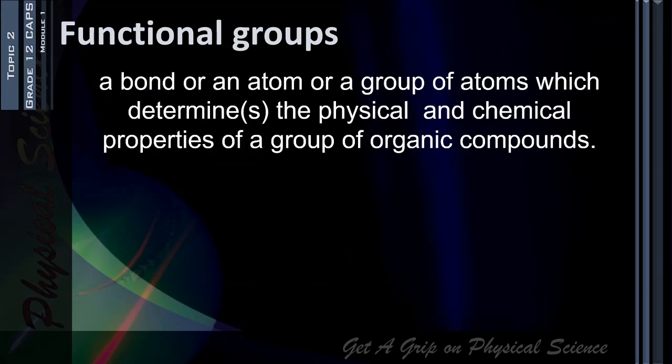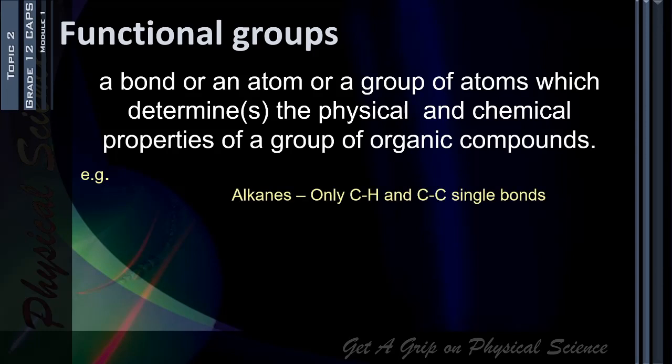The definition for a functional group is a very popular question in the exams. A functional group is a bond or an atom or a group of atoms which determine the physical and the chemical properties of a group of organic compounds. For example, if a molecule only has carbon-hydrogen and carbon-carbon single bonds, you know that that molecule belongs to the homologous series of alkanes.